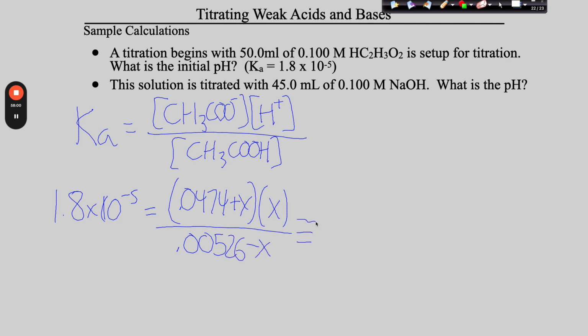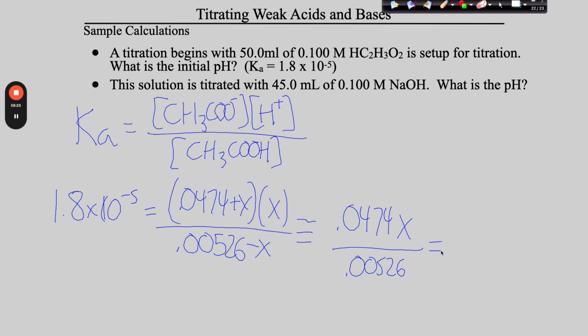And that's approximately equal to 0.0474x divided by 0.00526. Then x is equal to 1.8 times 10 to the negative fifth over those two numbers. Do we get rid of the other x at the top?